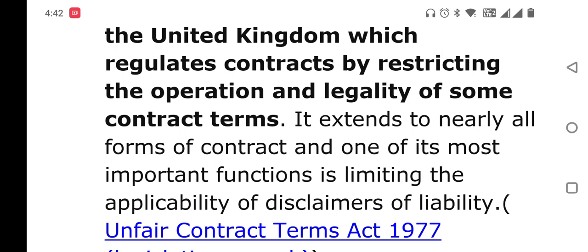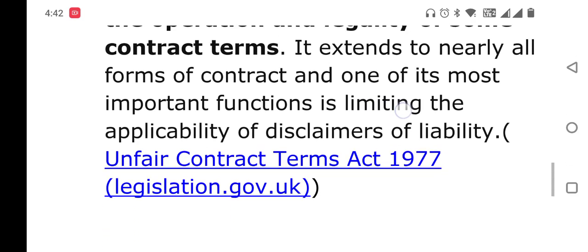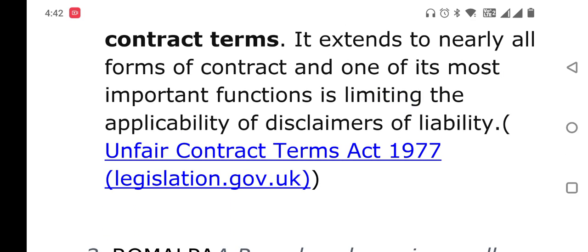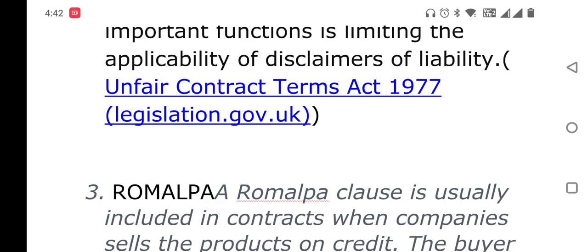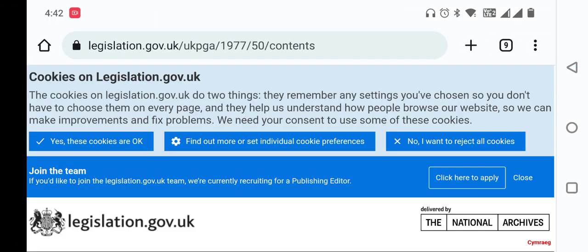It extends to nearly all forms of contract, and one of its most important functions is limiting the applicability of disclaimers of liability. This we have taken from legislation.gov.uk. We'll go to that website and try to read a few sections from there.